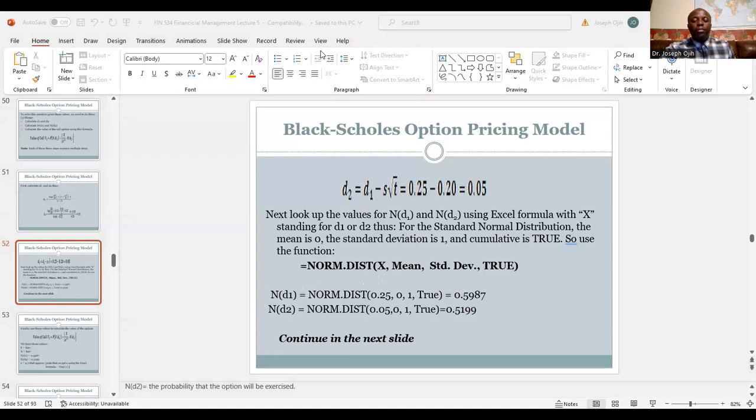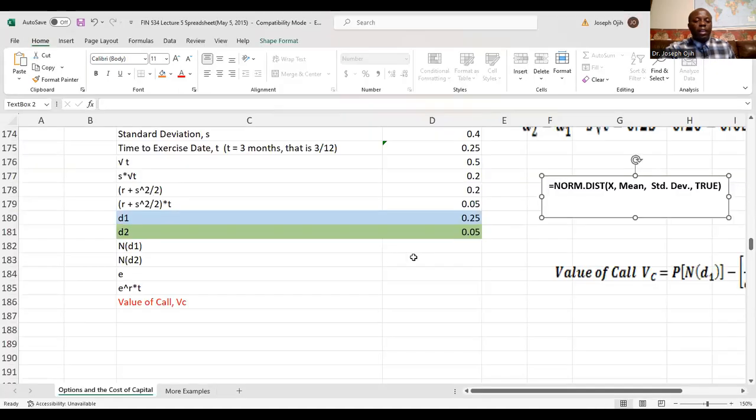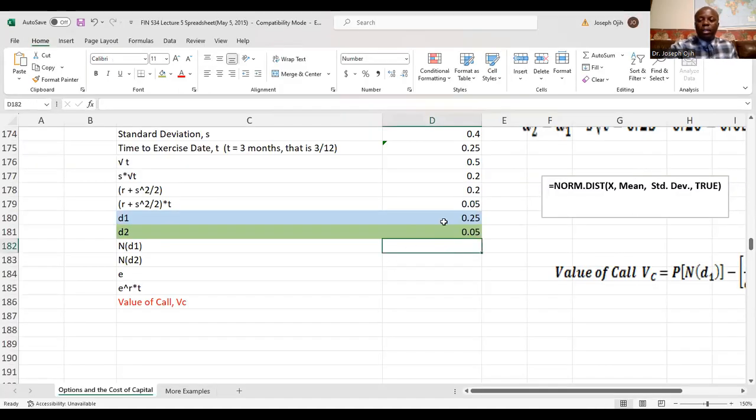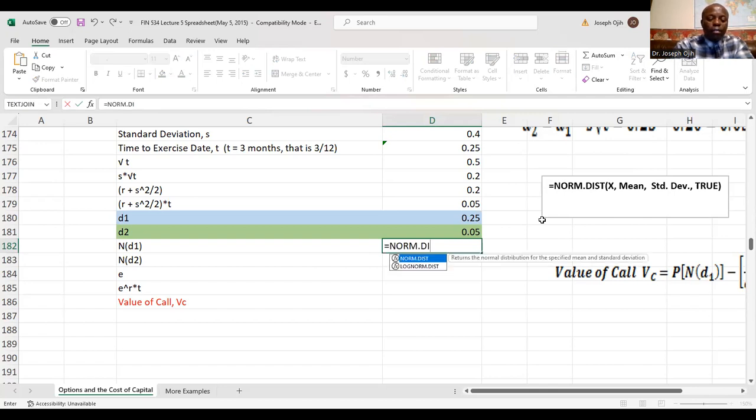So ND1 equals, you can be looking at this formula here, NORM.DIST. NORM means normal distribution. Okay, NORM.DIST. Oh, excuse me, I didn't put the equal sign, that's why. NORM.DIST, it will show up.